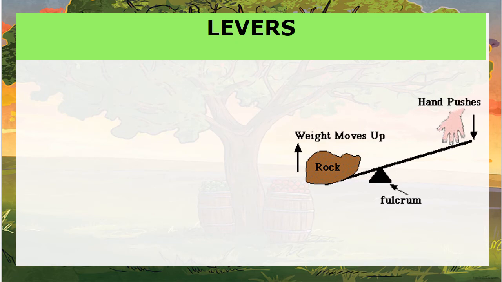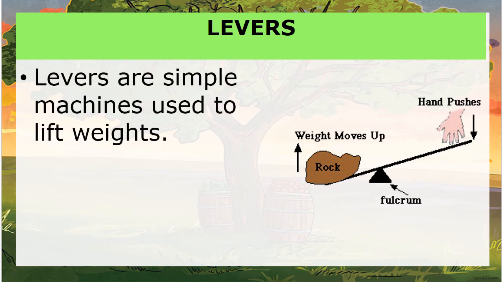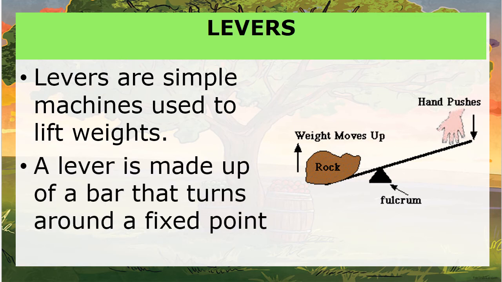Now, let's talk about the levers. Levers are simple machines used to lift weights. A lever is made up of a bar that turns around a fixed point.